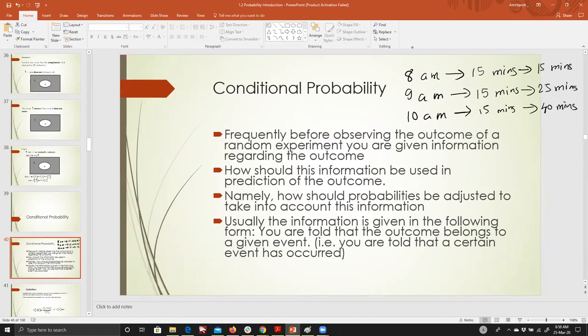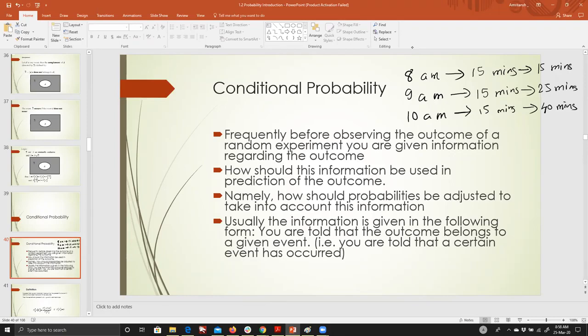Everyone agrees with me? It means as you go near peak time in India, if you start at 8 a.m., a 15-minute delay is almost 15 minutes anyways, if it is very linear. But closer to 9 a.m., a 15-minute delay might become 25 minutes overall because the traffic is really increasing.